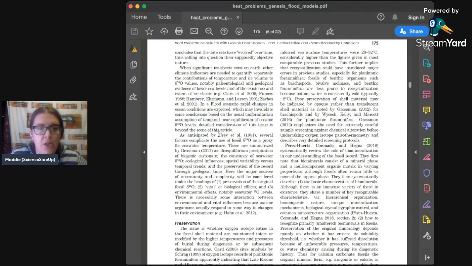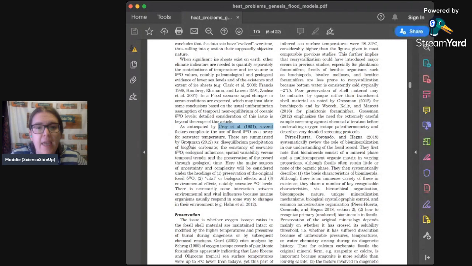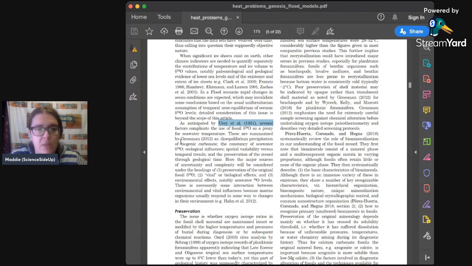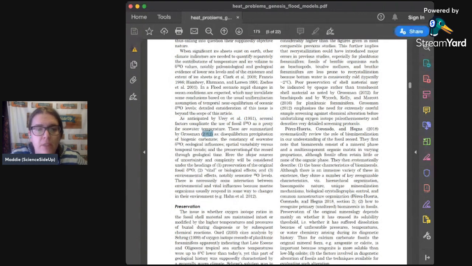As anticipated by Urey et al. in 1951, several factors complicate the use of oxygen 18 as a proxy for seawater temperature. These are summarized by Grossman 2012 as disequilibrium precipitation of biogenic carbonate. Disequilibrium, so the calcium carbonate in biological material not being deposited equally, is what that sounds like to me.